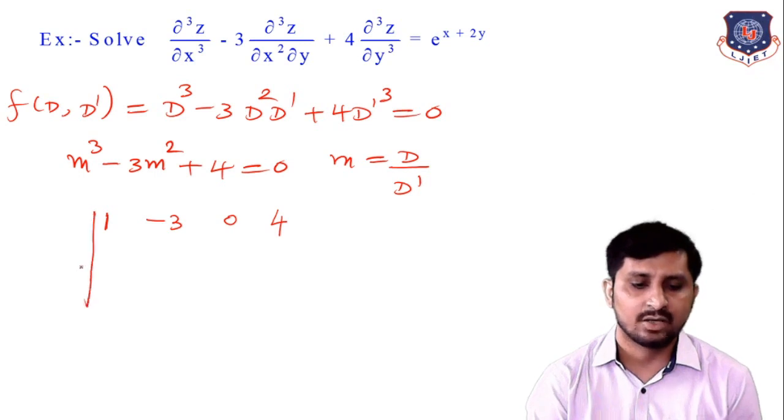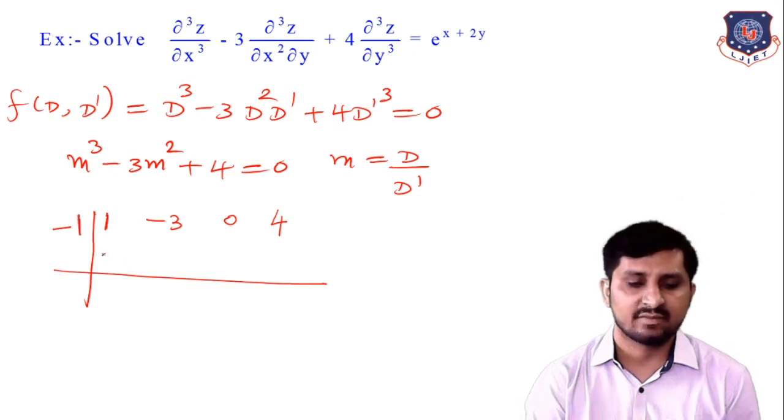Now minus 1 is one of the roots, so here I write minus 1. 1 plus 0, that is 1. Minus 1 into 1, that is minus 1. Minus 3 minus 1, that is minus 4. Minus 4 into minus 1, that is plus 4. 0 plus 4, that is 4. 4 into minus 1, that is minus 4. And 4 minus 4, that is 0.